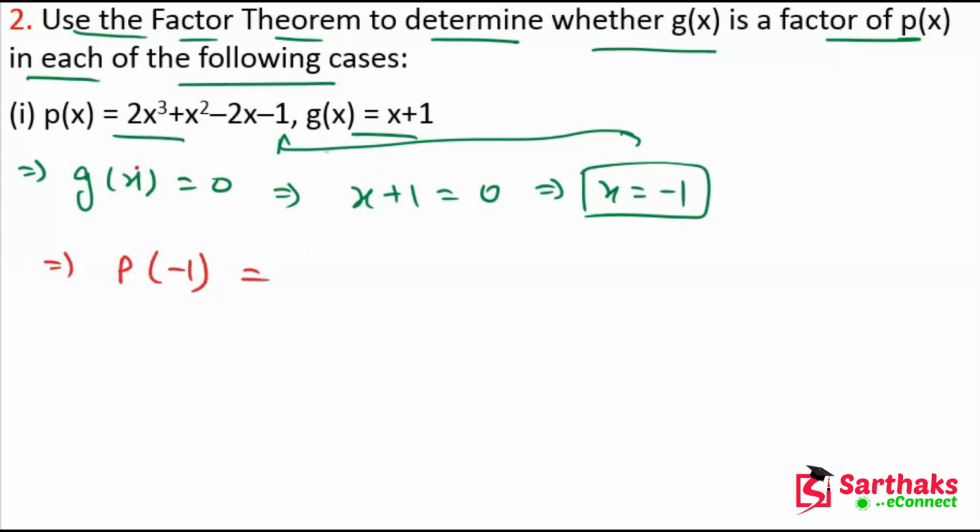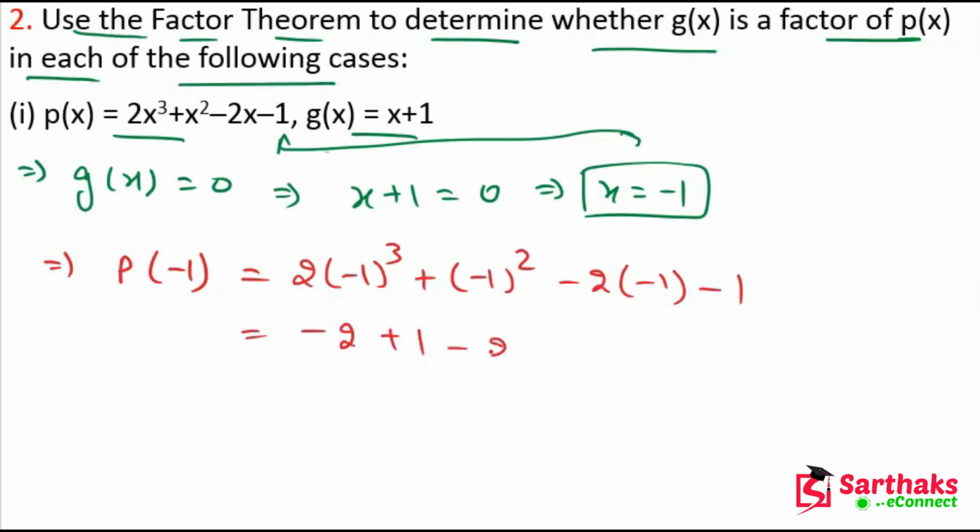So now here we get 2 into minus 1 cube plus minus 1 square minus 2 into minus 1 minus 1. We get minus 2 plus 1 minus 2, here minus and minus will become plus, and we get minus 1. So now this plus 2 and this minus 2 will be cancelled, and this plus 1 and this minus 1 will be cancelled.